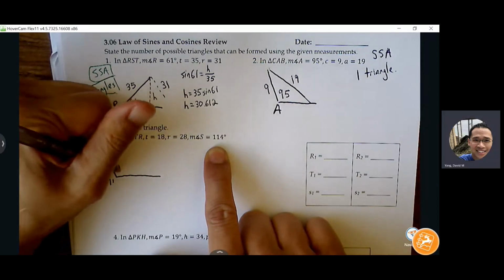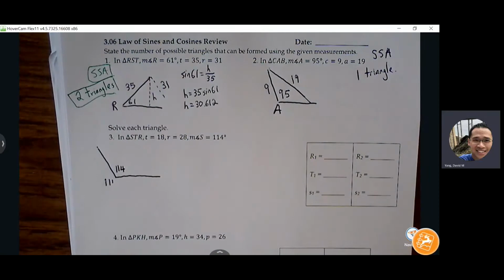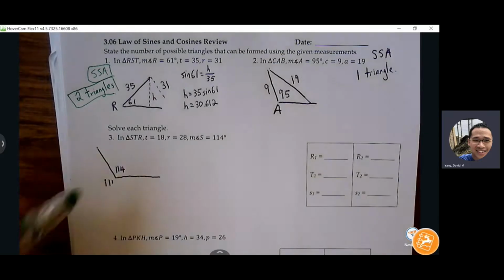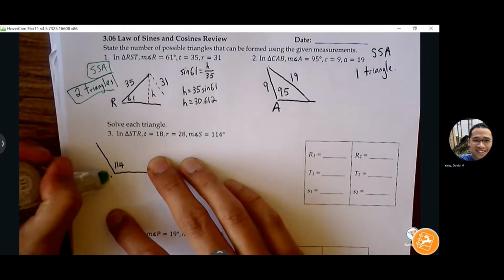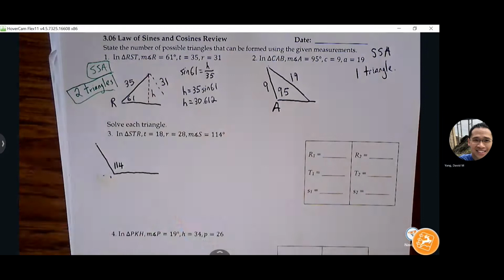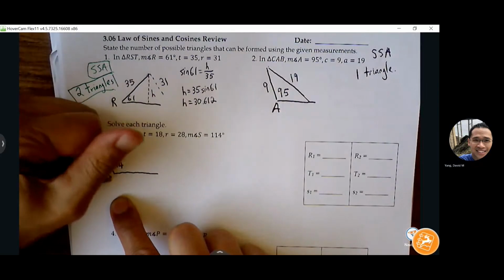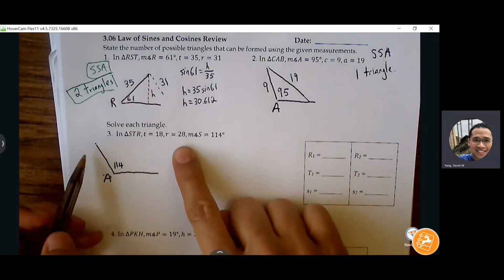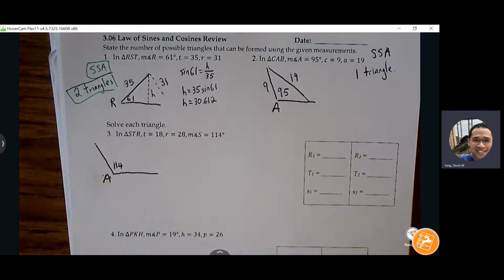Oops, sorry, 114 here. Angle A. I'm sorry, not S. I was looking at the previous problem.